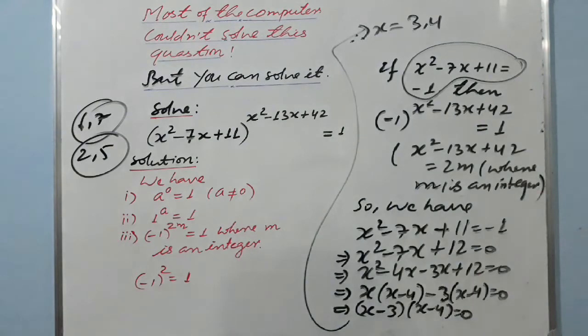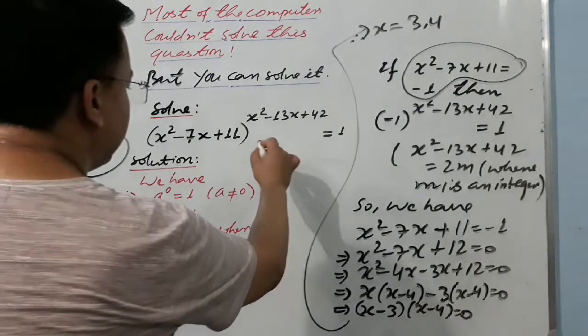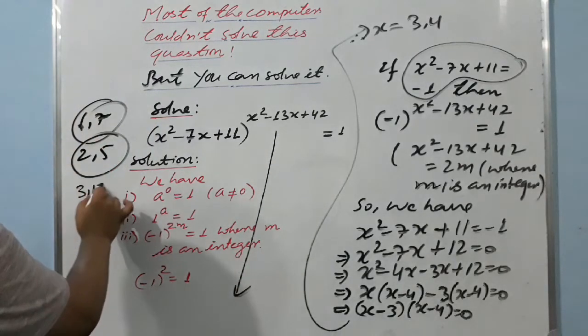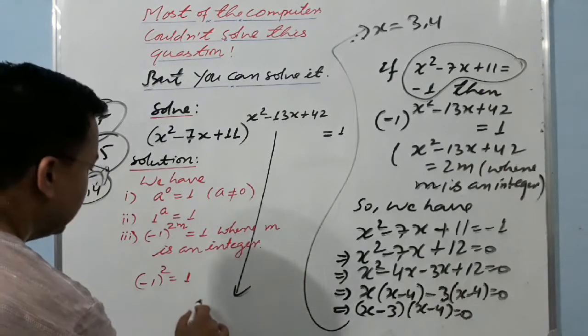So finally, how many solutions did we get? We got 3, 4. This is also a solution.